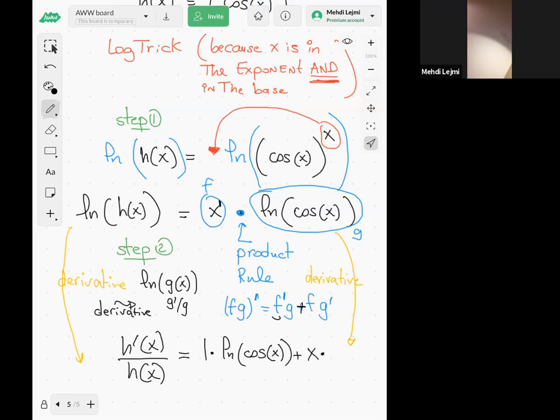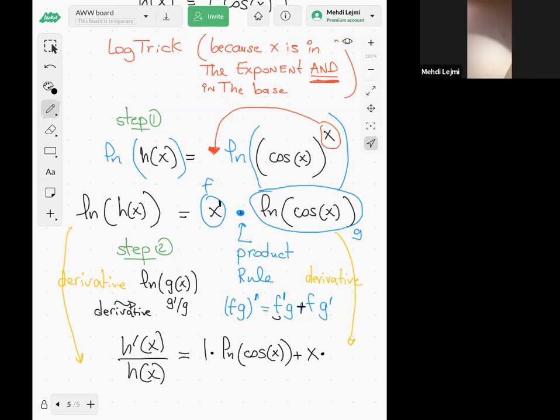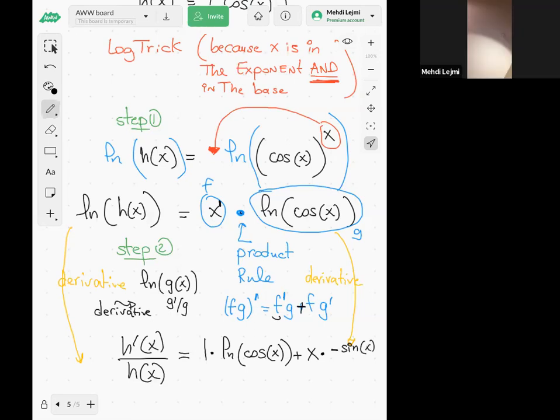So now the question is, what's the derivative of natural log of cosine? Any guess? Minus sine over cosine of x. Yes, very good, Mamadou. So it's g prime over g. G is cosine, so it's minus sine of x over cosine of x. Very good. Which is minus tangent, right?